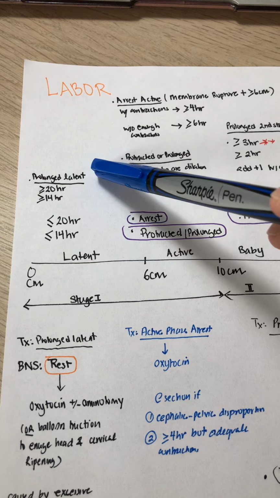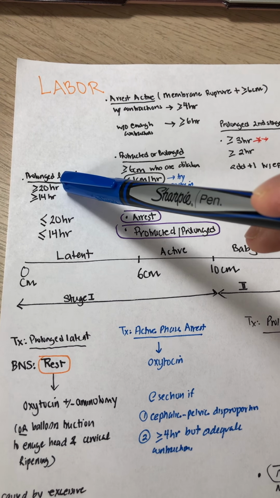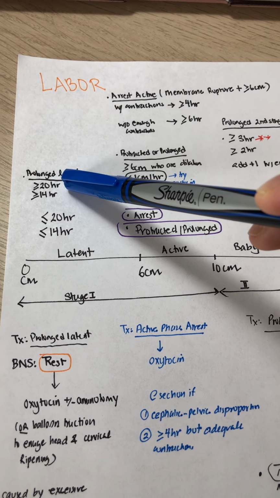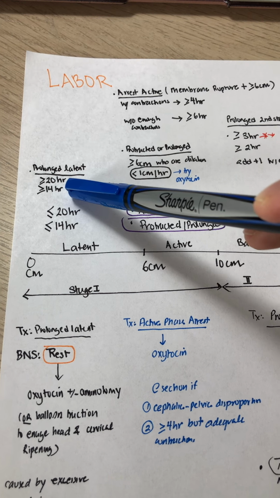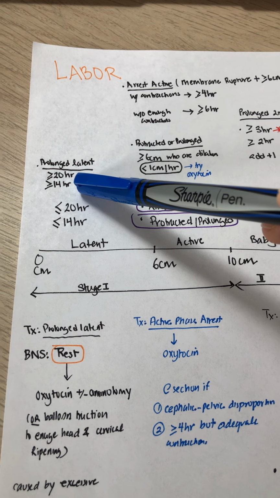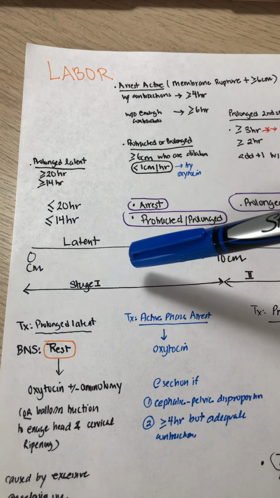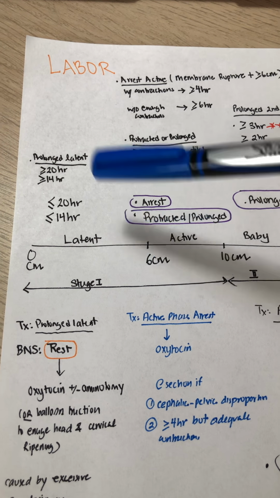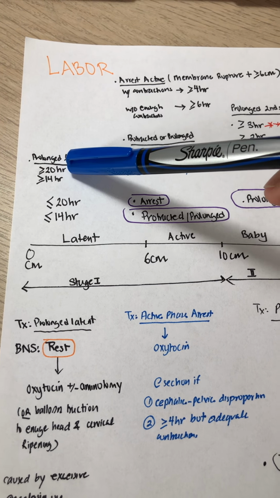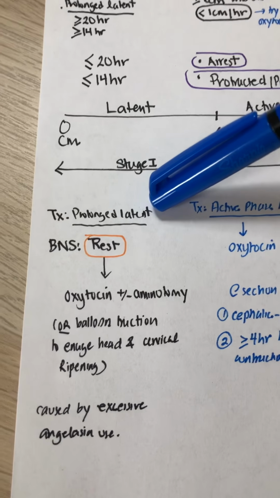The latent stage is said to be prolonged if greater than or equal to 20 hours in nulliparous women, greater than or equal to 14 in multiparous. So if the cervix has not dilated up to 6 centimeter for longer than 20 hours or longer than 14, that is said to be a prolonged latent.